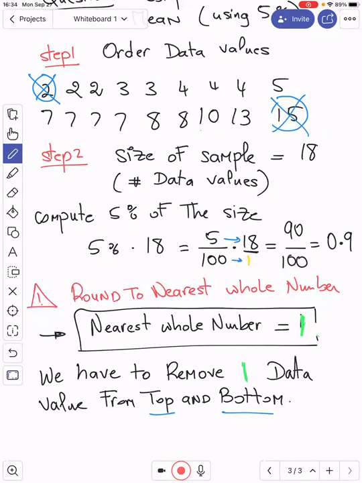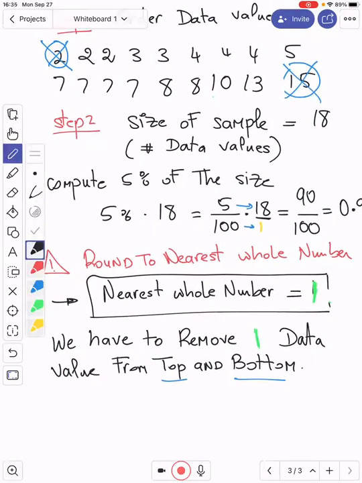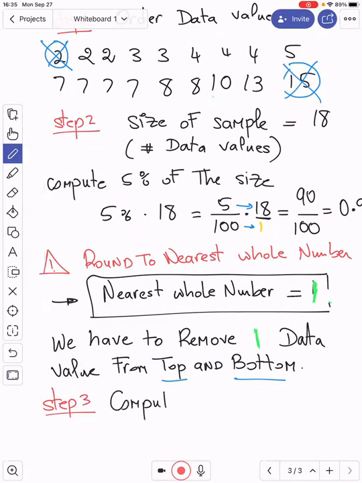Okay, perfect. So now this is my new data values, right? Once I removed the 15 and the 2, I got the data values left after trimming the percentage of the smallest and largest values. So now I'm supposed to compute the mean, in the last step, of the data values left after removing.